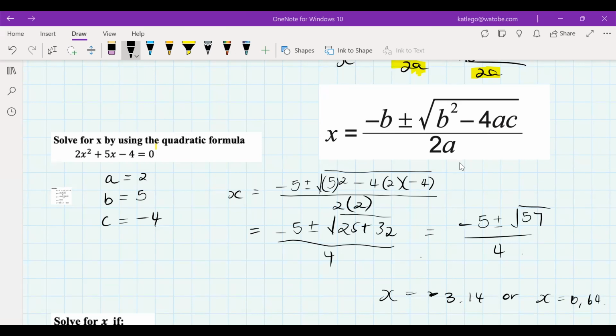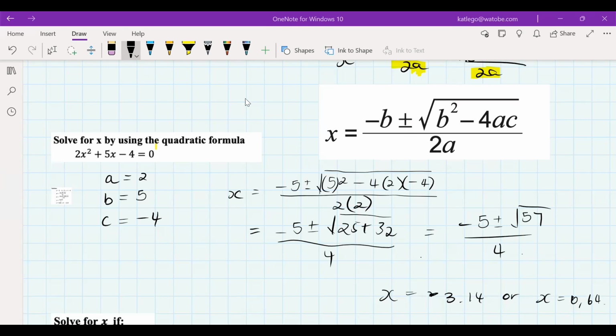Good afternoon, ma'am. Hello. Afternoon. Is it really necessary for us to change it into decimals, or we can just leave it as a surd? Like, I mean, under exam circumstances. You can leave it as a surd, but if they say, for instance, round off to 2 decimal places, then I would rather put it in the calculator.